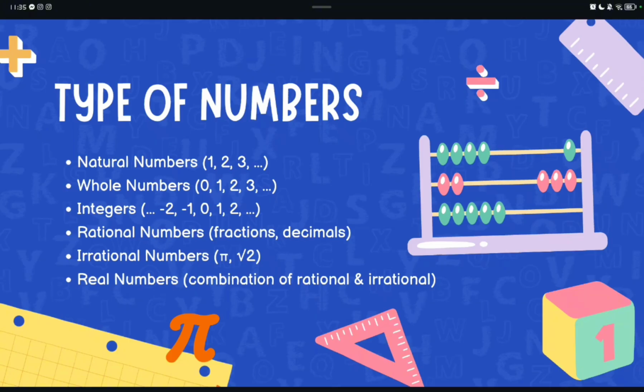A whole number starts at 0, like 0, 1, 2, 3, and so on. Integers are numbers that are negative and positive. Rational numbers are the fractions and decimals, and irrational numbers are like pi and the square root. And real numbers are the combination of rational and irrational.